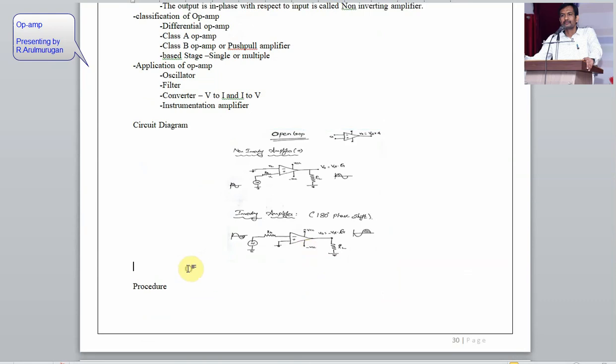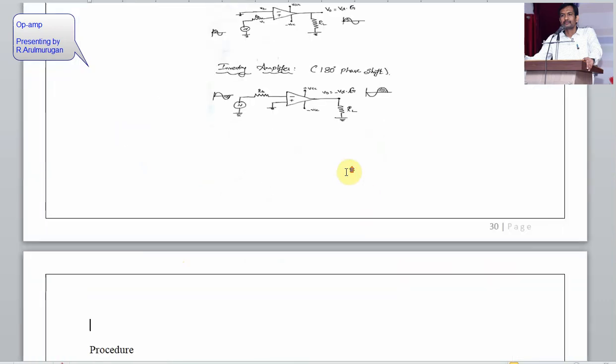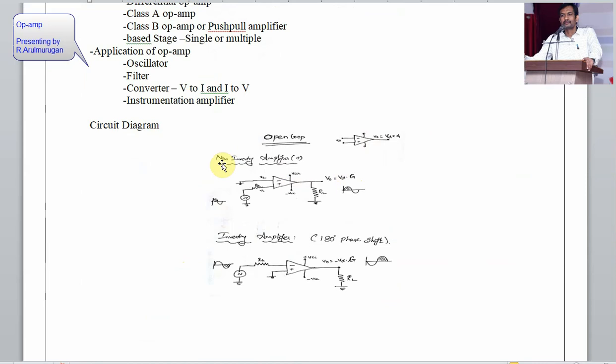You can look at it here. This is a circuit diagram. In this circuit diagram, non-inverting means applying the signal to the plus terminal. Inverting amplifier means applying the signal to the minus terminal, giving a 180-degree phase shift. That's all.